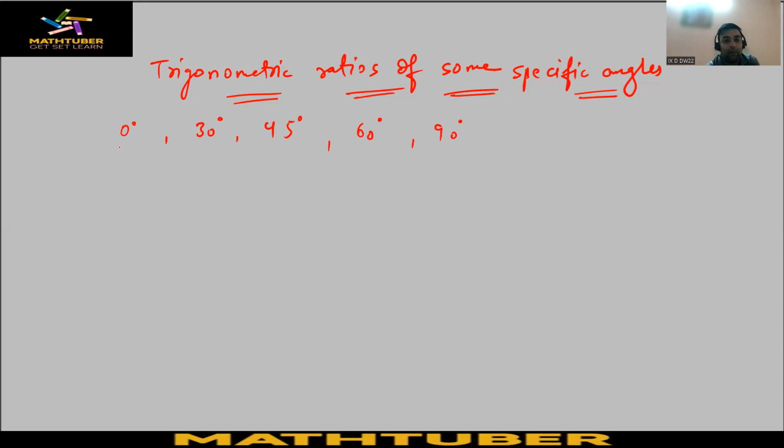For example, sine 0 degree, sine 30 degree, sine 45 degree, sine 60 degree, and sine 90 degrees. Similarly, we can find the value for cos 0 degree, cos 30 degree, cos 45 degree, cos 60 degree, and cos 90 degree. Right. So we have a few derivations to find the values for some specific angles.